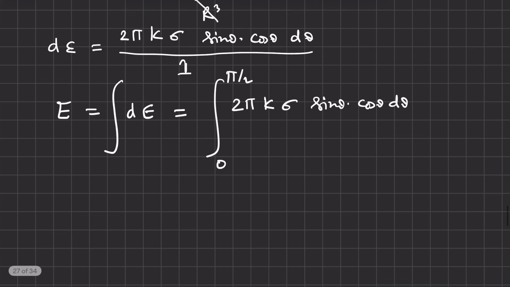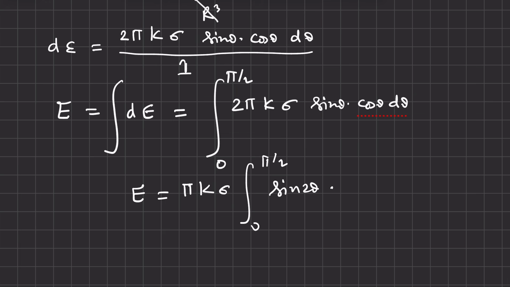Now if we solve this, I am going to take the 2 into the equation: pi k sigma, 0 to pi by 2, 2 sin theta cos theta, if I club, will become sin 2 theta d theta.